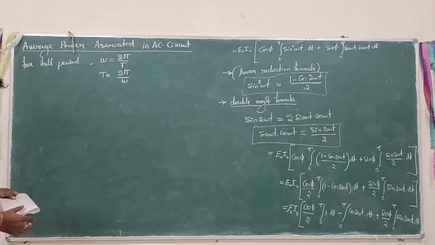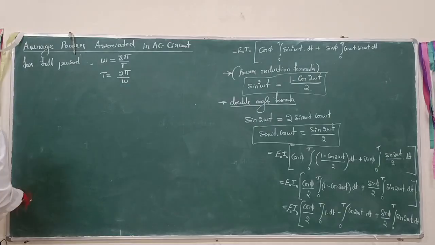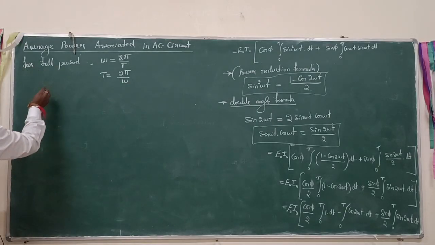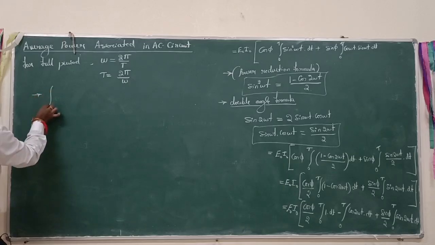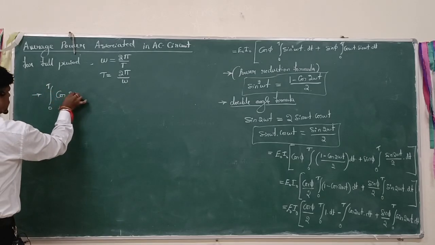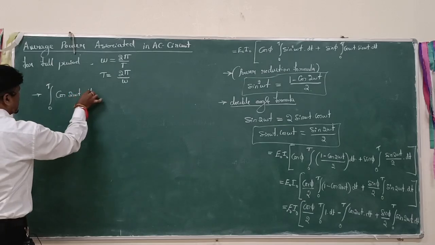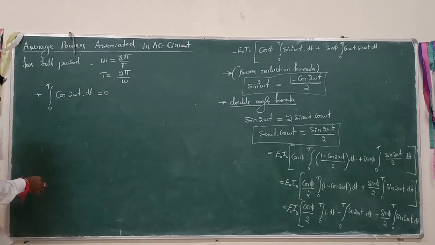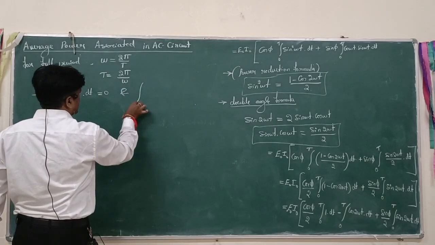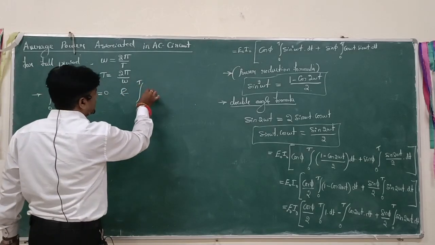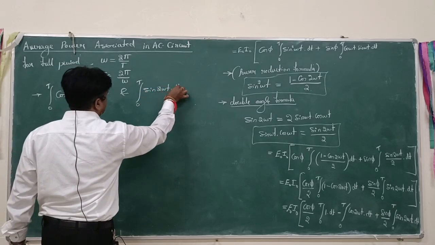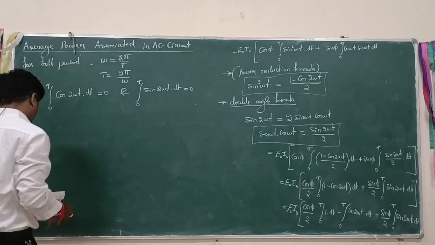So for a full time period, the integration of 0 to T cos 2 omega t dt is equal to 0, and integration 0 to T sin 2 omega t into dt is equal to 0.